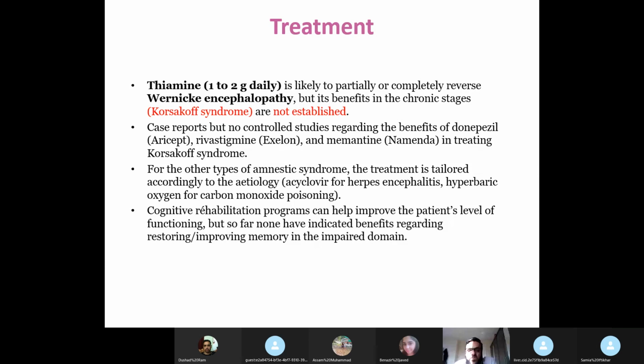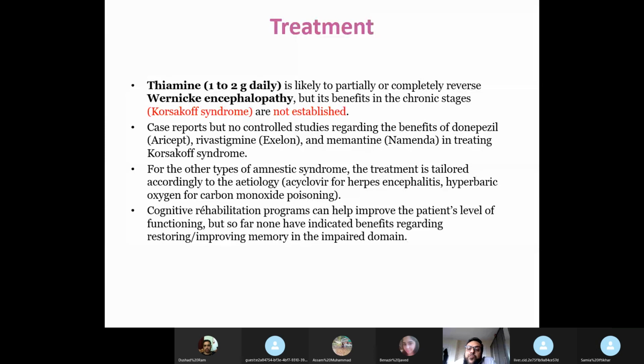Then, unlicensed use of donepezil, rivastigmine, memantine. There are case reports, but no controlled studies, and it's not licensed, meaning the country's national formulary does not list an indication for these drugs in Korsakoff syndrome.